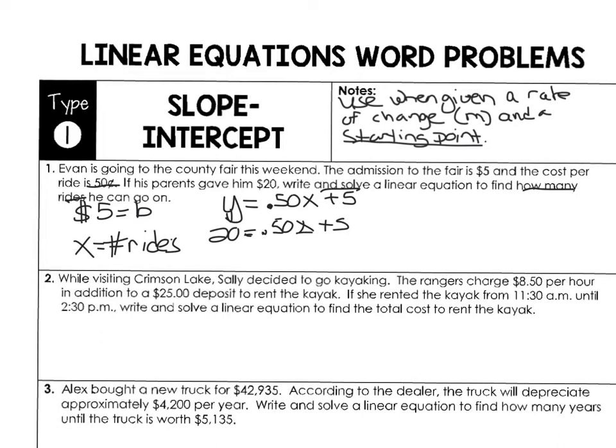So we're going to solve for x. So isolate the variable x. All right, so minus 5. So 15 equals 0.50x. And if we divide by 0.50 on both sides, x will equal 30. So he could do 30 rides.